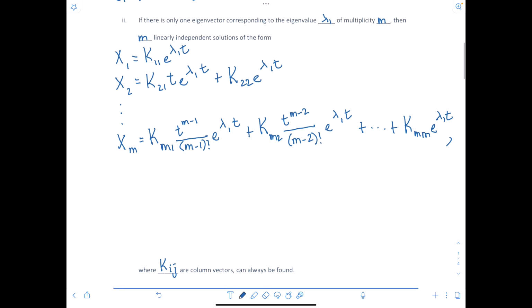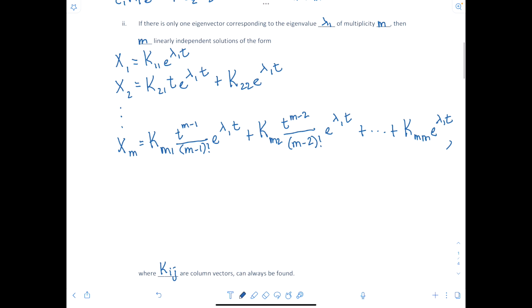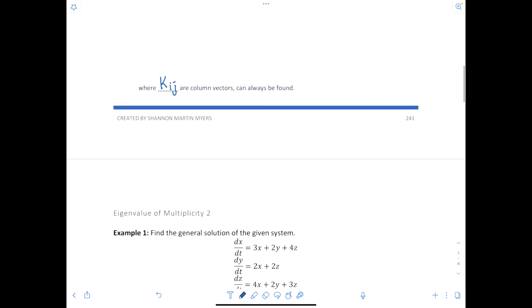Cool. So it looks complicated, but it's not hugely complicated. All right. So let's check it out.